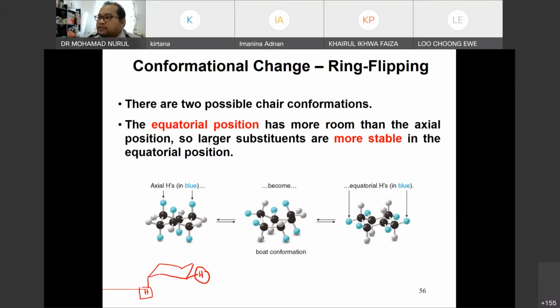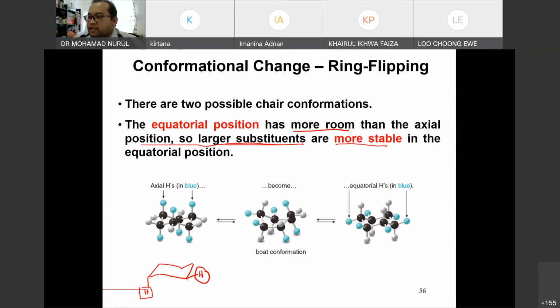And the large substituents, this is the key point, large substituents are more stable in equatorial. If you find bulky groups, big groups, not hydrogen, for example CH3, halogen groups, or branched structures, you should put them in equatorial positions because they have more room compared to axials. If you see clearly, you have 3 axial up and 3 axial down. They still have interactions.